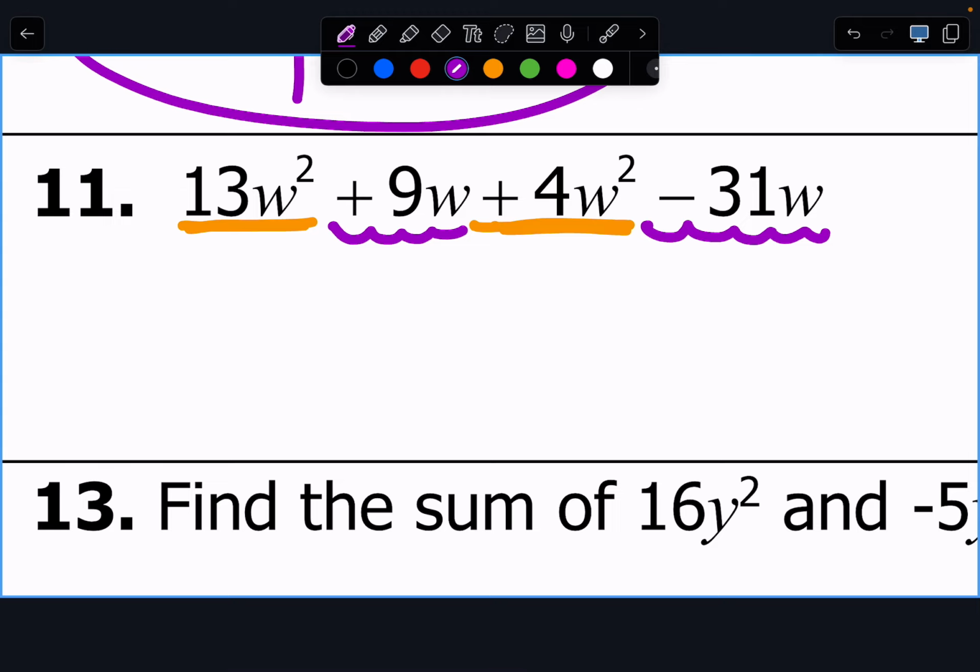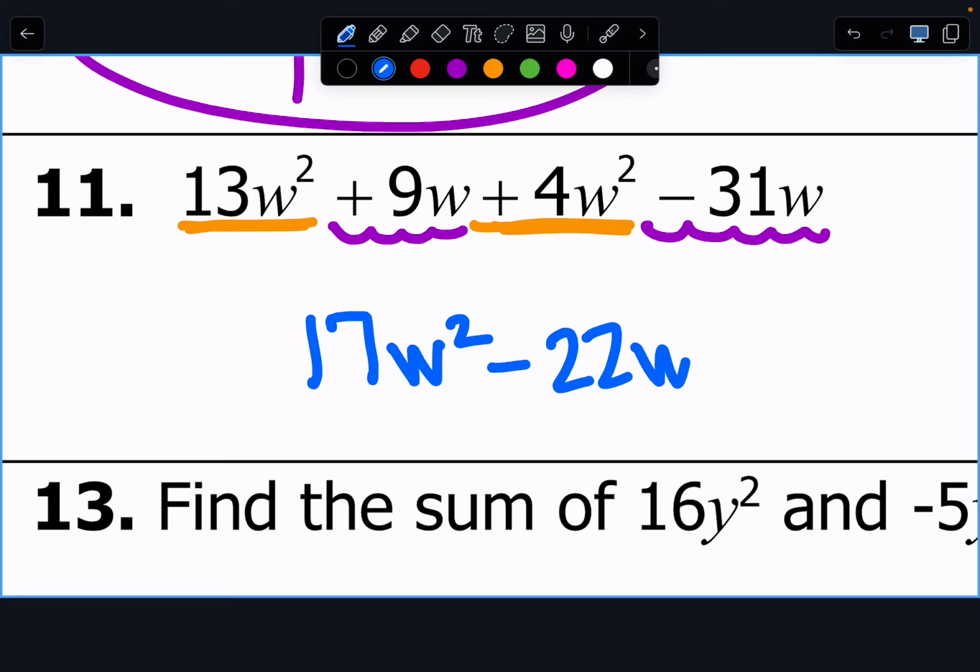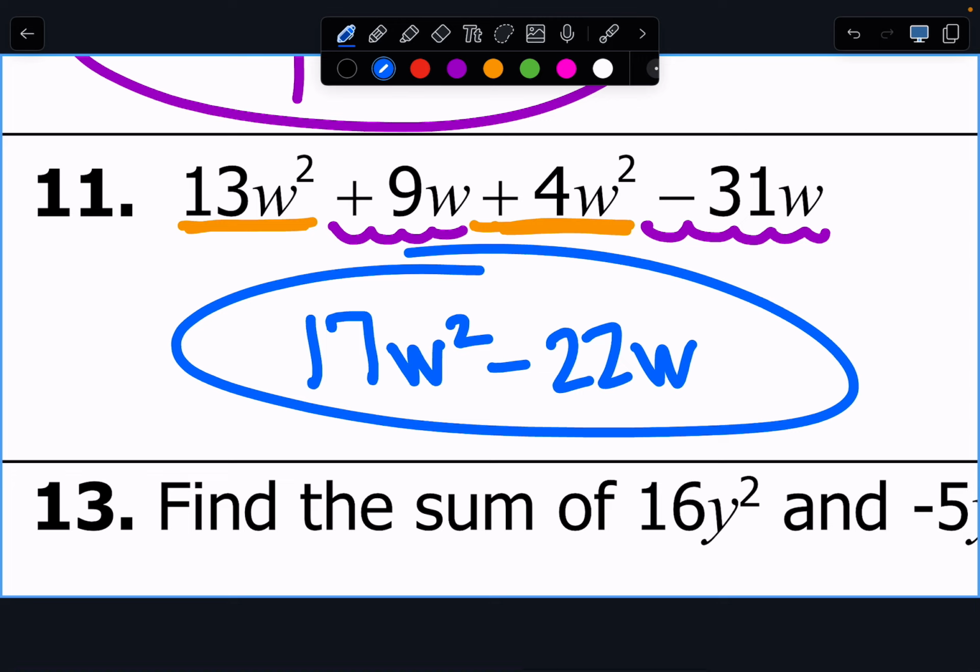So we can combine the w squareds to be how many? 17w squared. And then what would I put after that? Minus 22w.